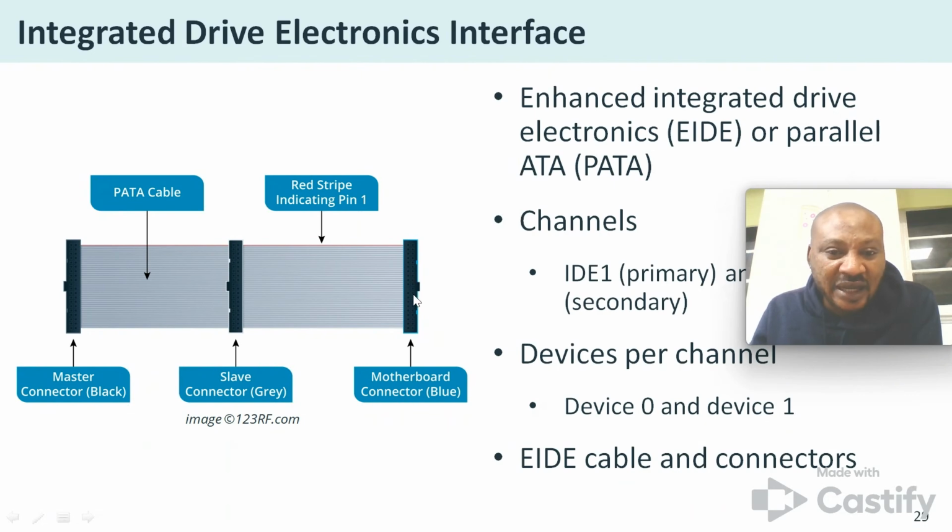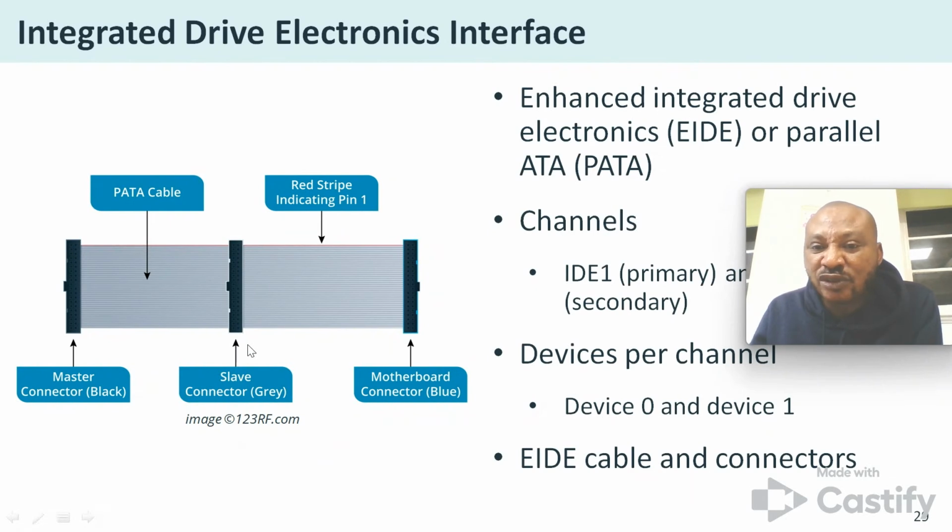Right? So we also have these connectors, these three connectors. With this kind of cable, we have what's called master and slave. This one goes to the motherboard, then this is the slave part and this is the master. Let me explain.